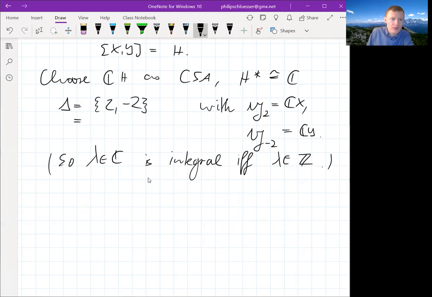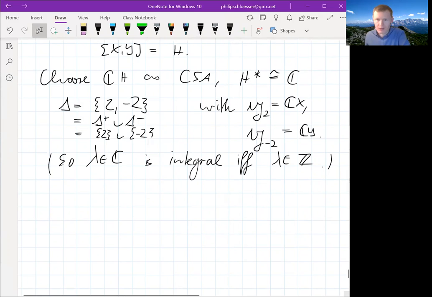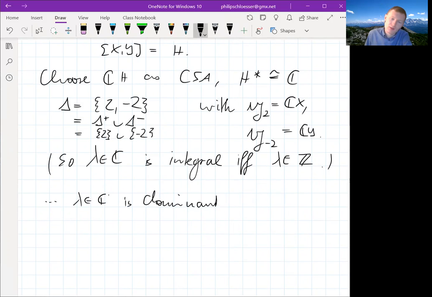Now we can choose a decomposition into positive and negative roots. And of course, I'm going to say that 2 is positive. Then a weight is dominant if its scalar product with 2 is positive.